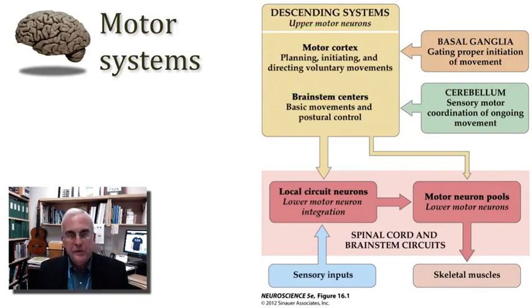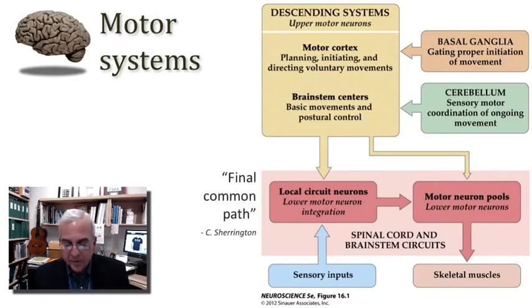Now, just to help us understand the relationship between upper and lower motor neurons, I'll remind you of a memorable phrase that Charles Sherrington, great British physiologist in the early part of the 20th century, provided for us. He thought of these lower motor circuits as the final common pathway for movement.